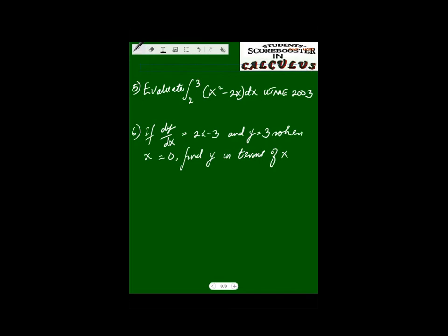This is UTME. Which year is this? I need to check which year this is. I will find it out later. Just integrate, then find the constant.